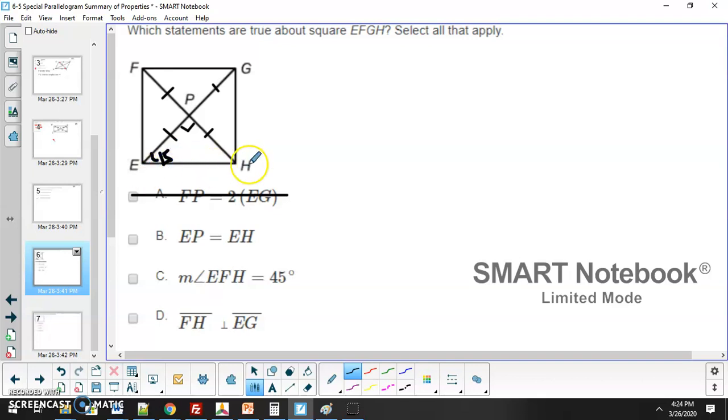And then EH is opposite a 90-degree angle, not opposite of 45, so it's a longer length than that one. So that one's off. Like I said, each angle is 45 degrees, so this one is true. EFH is going to be 45 degrees. And FH is perpendicular. Yep, because this is a rhombus, and so it has that property.